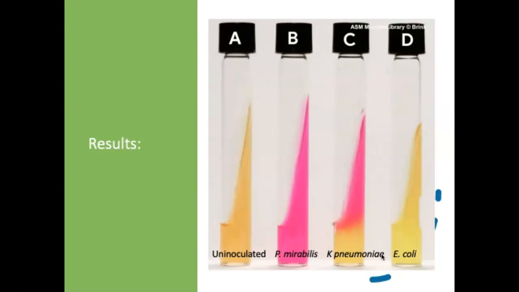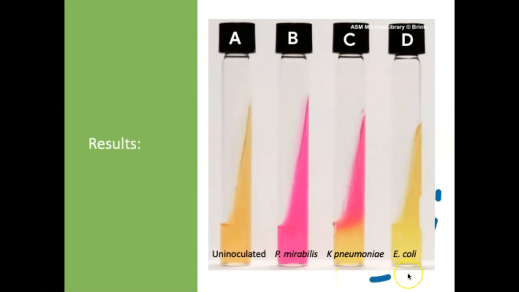It has urease, it's going to secrete urease, but it doesn't do it nearly as rapidly as Proteus does. So Klebsiella pneumoniae is urease positive, but it is not rapidly urease positive. If I put this tube back into the incubator and came back at 18 hours or 24 hours, I would likely find the whole tube had turned pink.